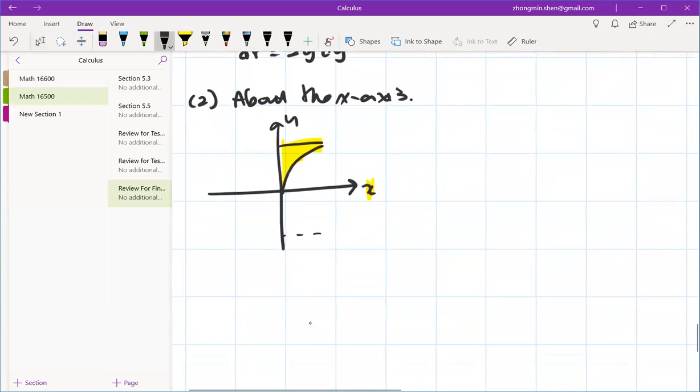So if you look at rotating about the x-axis, you get a picture like that. Right? Can you use disks or cylindrical shells to set up an integral? Can you do that? So try this.